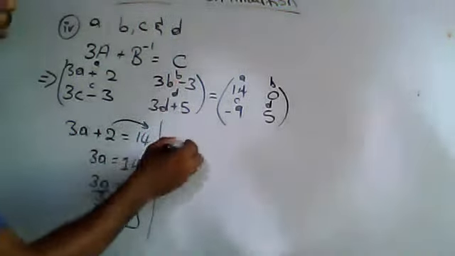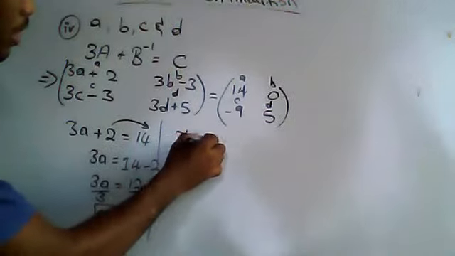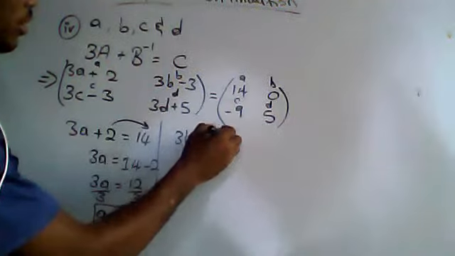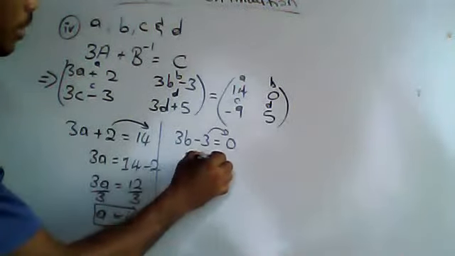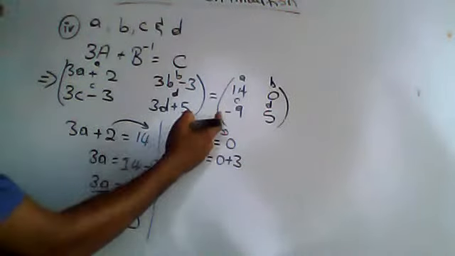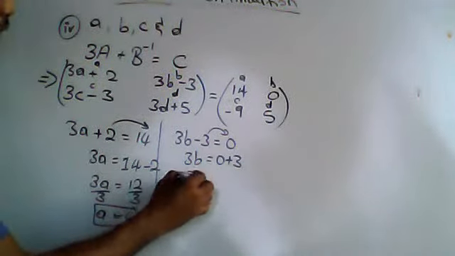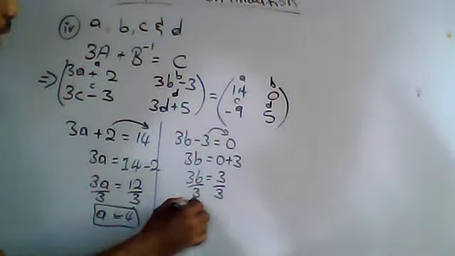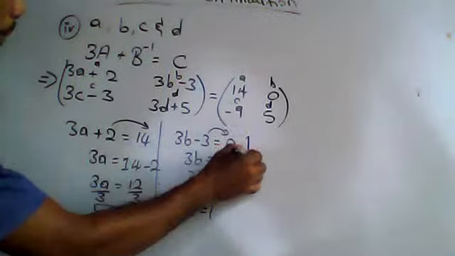Now, for the value of B, we're going to have 3B minus 3 equal to 0. I'm going to collect like terms. So I'm going to have 3B equal to 0 plus 3. Remember, this is a negative 3. When it goes over the equal sign, it turns positive. So I'm going to have 3B equals 3. Divide both sides by 3. I'm going to have B equal to 1.